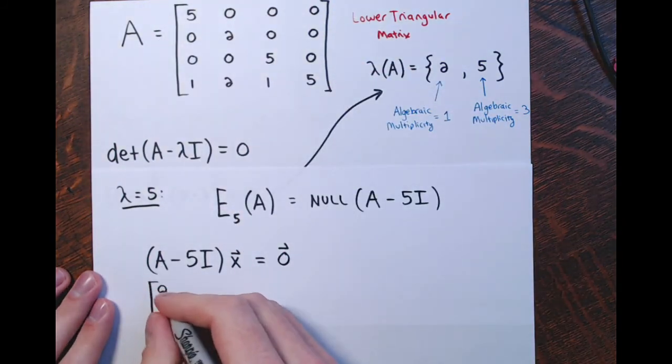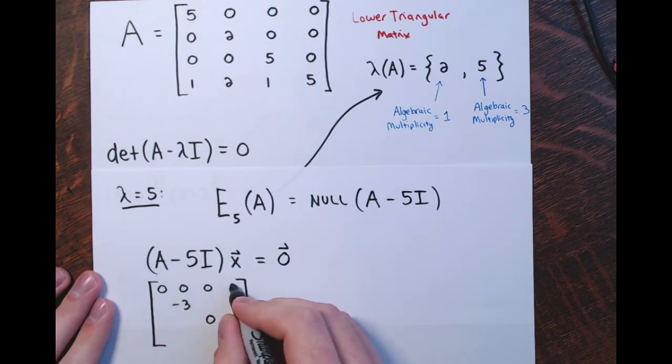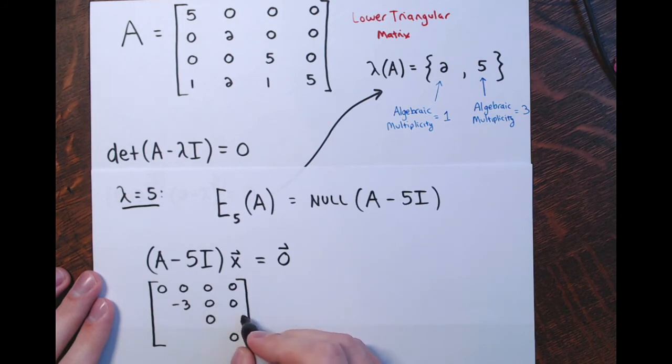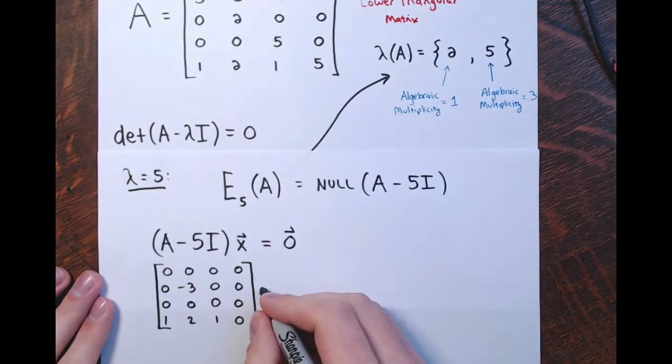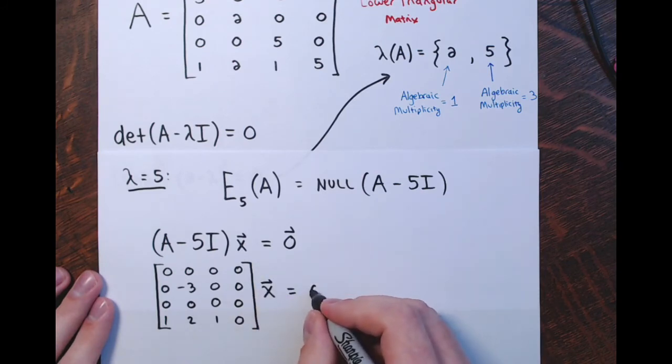So you have 0, -3, 0, and 0. And then everything else is the same. So 0 here, 0 here, 0 here, 0 here, 0 here, 0 here, 0, 0, 0, and then 1, 2, 1. Okay, so lots of zeros in this one. Times, again, some vector x with 4 components, say x1 through x4, equals a bunch of zeros.